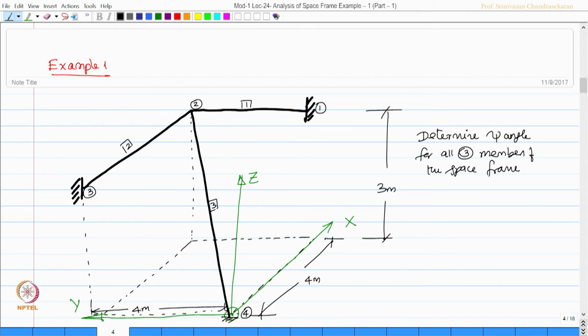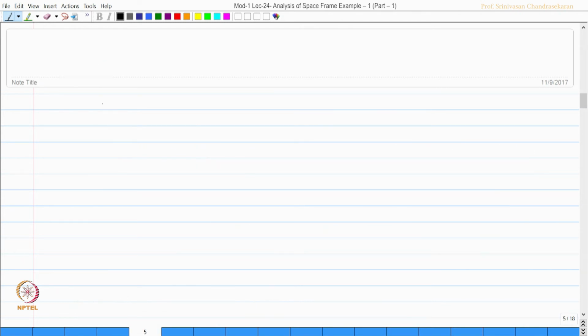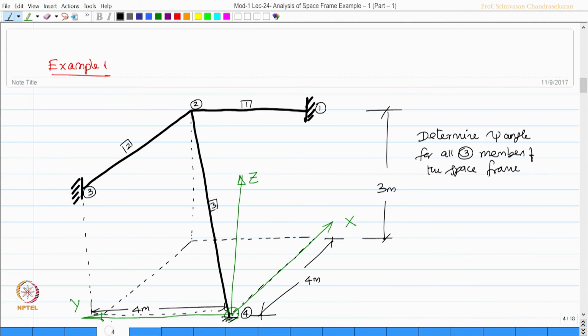Let us talk about member 1. The length of the member L1 is 4 meters.